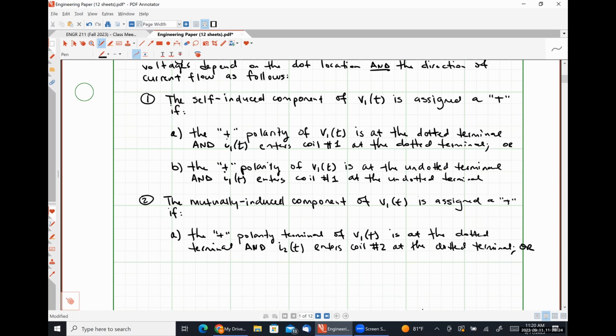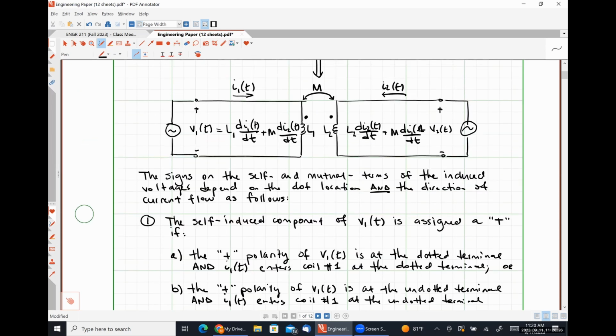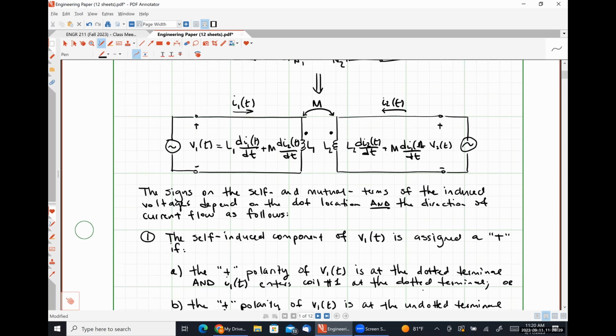So let's look at this really quickly here. The positive polarity terminal of V1 is at the dotted terminal of coil 1, and I2 enters the dotted terminal of coil 2. So the M term here gets a plus sign. If this I2 were entering the undotted terminal, this would get a minus sign.